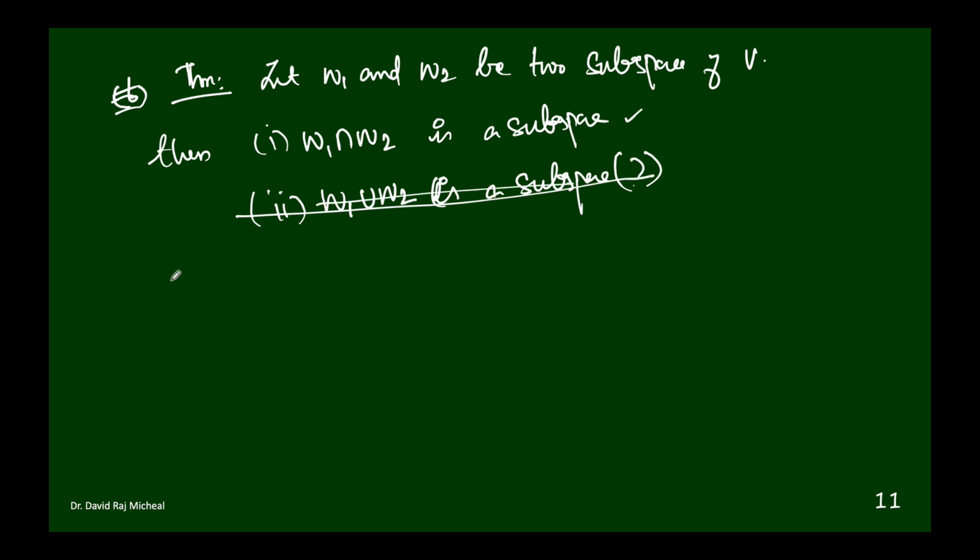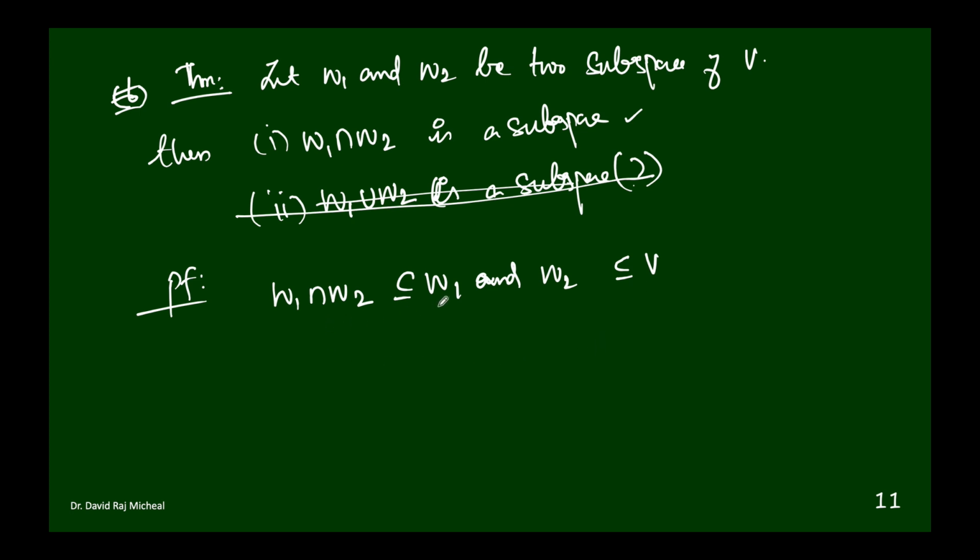Okay, so the proof. Let's say W1 intersection W2. Definitely this is a subset of W1 as well as W2, and therefore it is a subset of V. That's clear. Fine. Now its non-emptiness has to be proved.